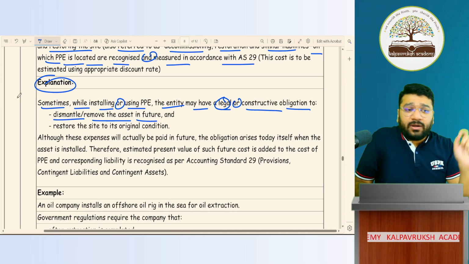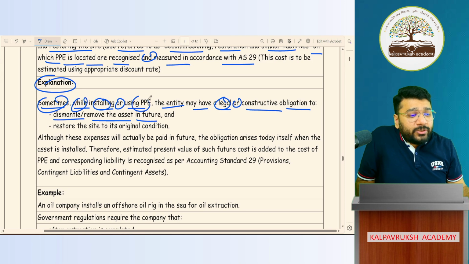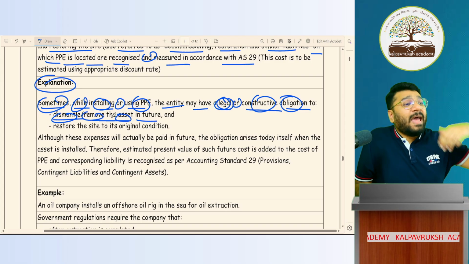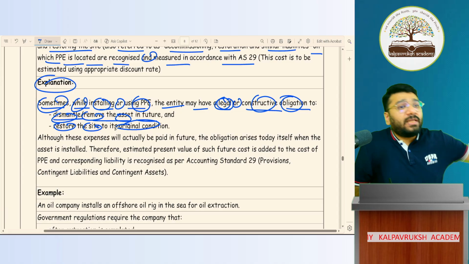So what is he saying? Sometimes while installing or using that asset you have a legal or a constructive obligation to either dismantle or remove the asset in future and restore the site to its original condition.